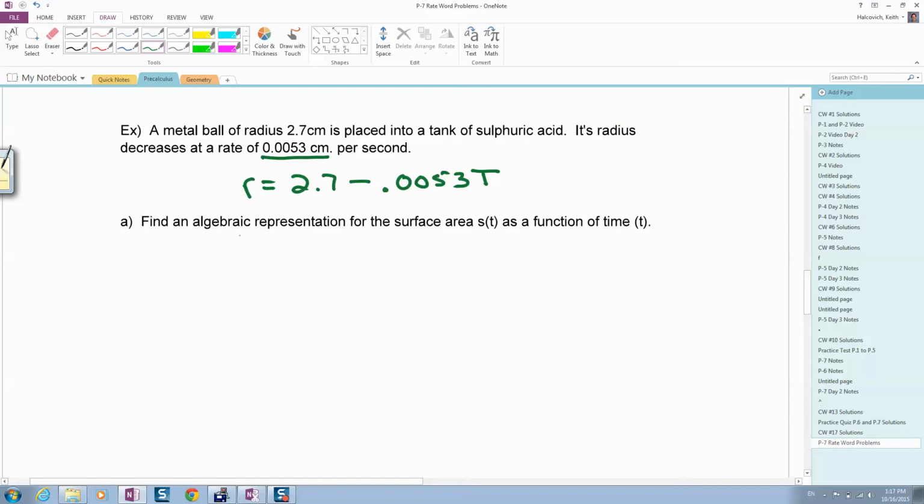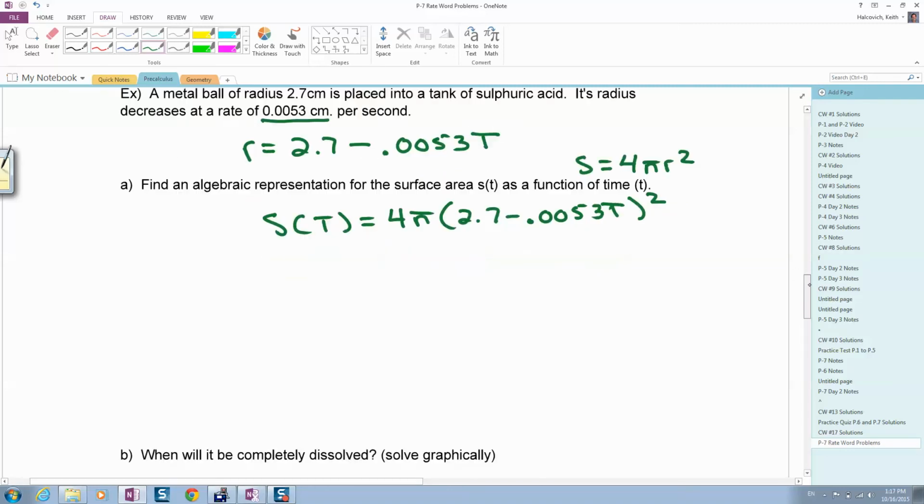It says find an algebraic representation for the surface area as a function of time. Well, remember, surface area of a sphere is 4 pi r squared. So basically here, the surface area over time is equal to 4 times pi times (2.7 minus 0.0053t) squared.